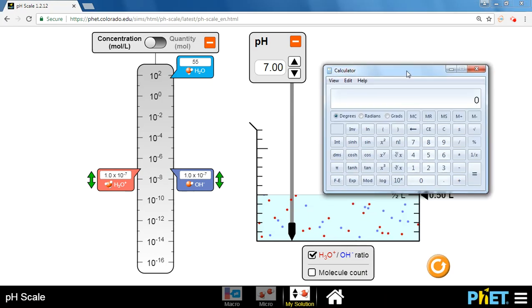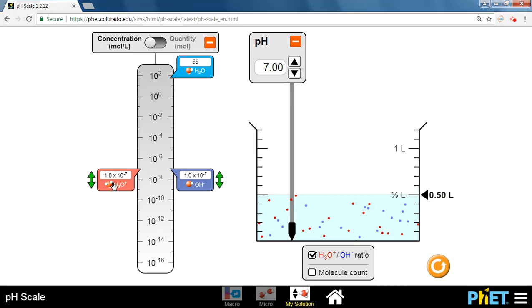And you can work out the Kw to check that value by going 1.0 exponential minus 7 and multiplying it by 1.0 exponential minus 7, and you'll get the value for the equilibrium constant for water, 1.0 times 10 to the minus 14.